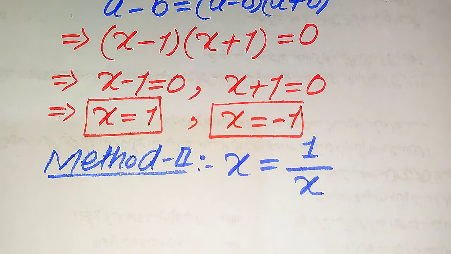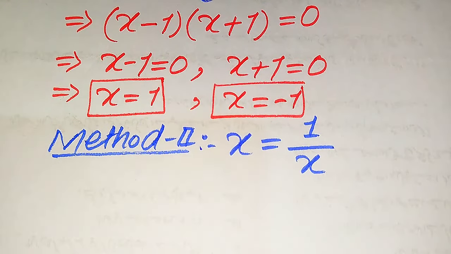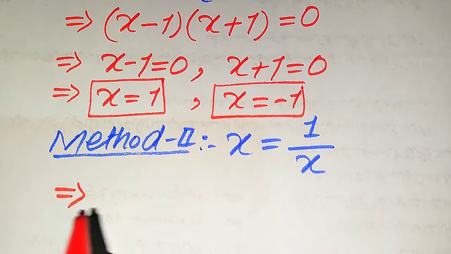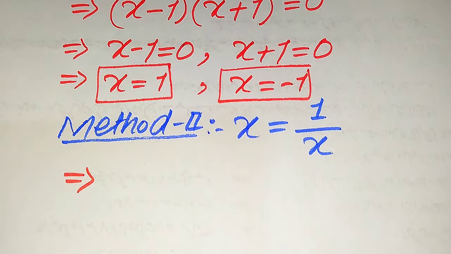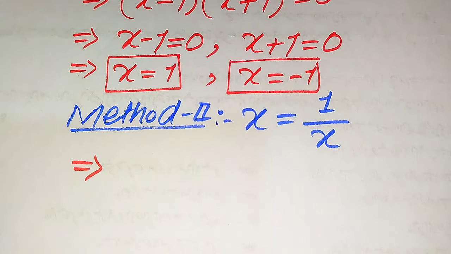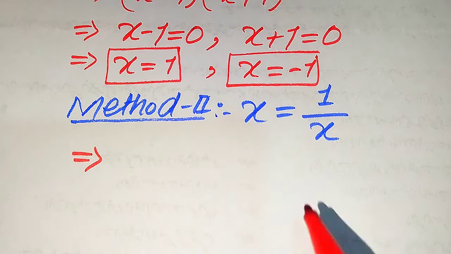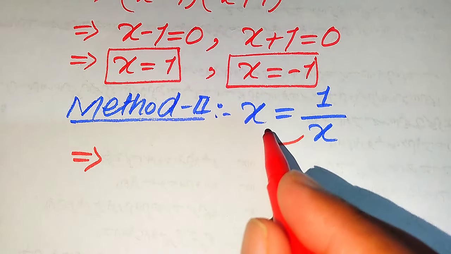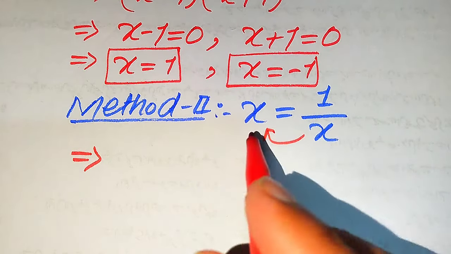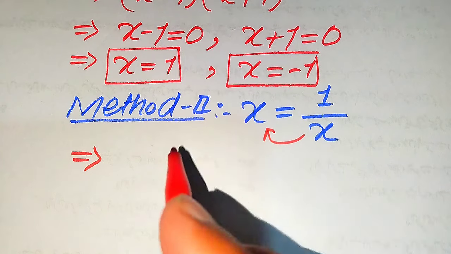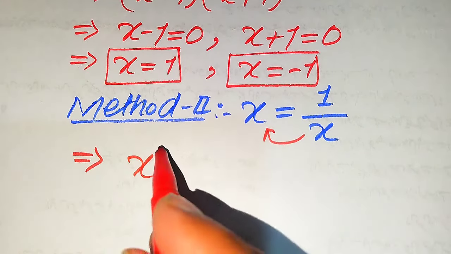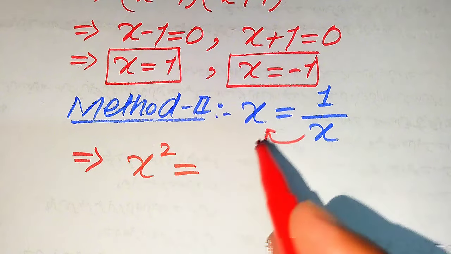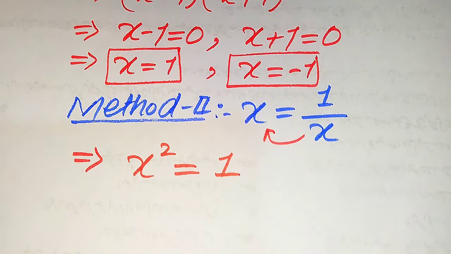Here I can give you another technique to find the roots of this equation, different from the first one. Here we move this x to the left hand side, and you see that x is multiplied by x, and it will be written as x times x equals x square, equals 1 on the right hand side.